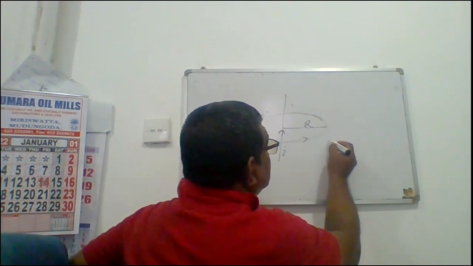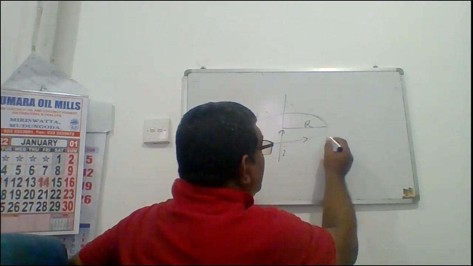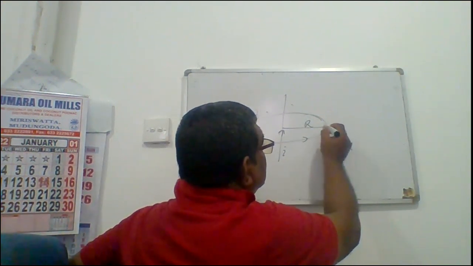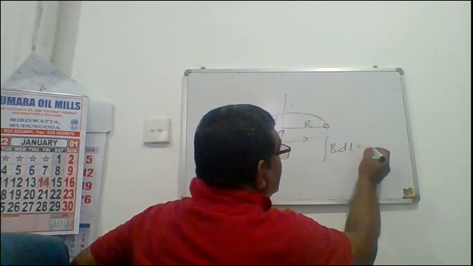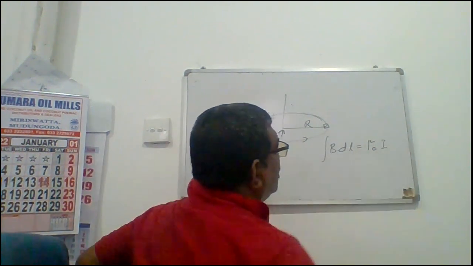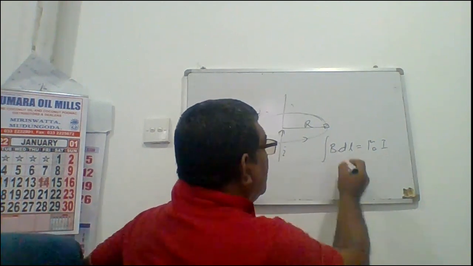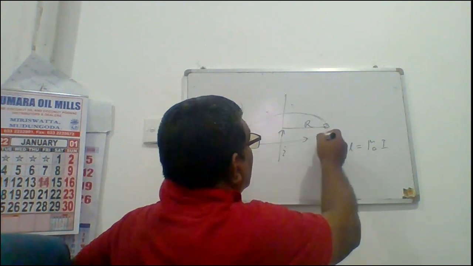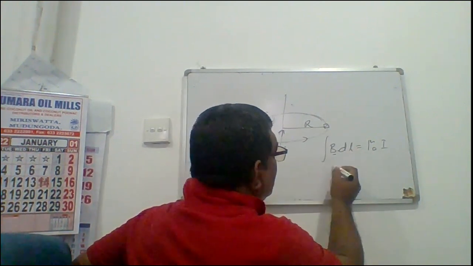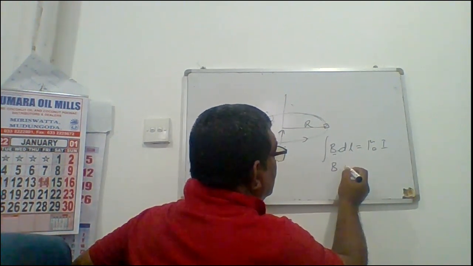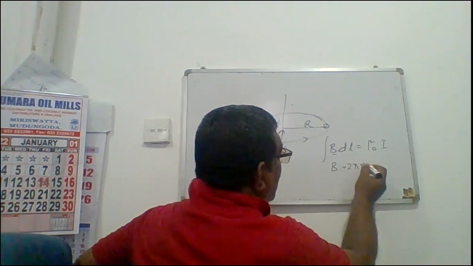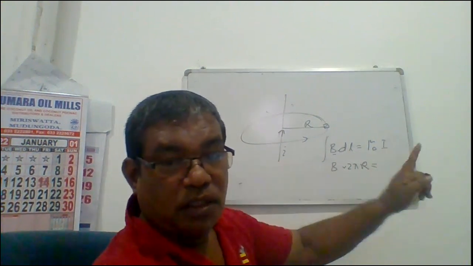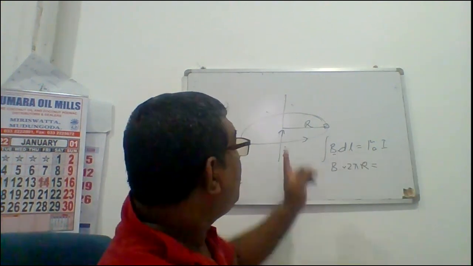Here I can write B dot dl is equal to mu naught I, where B is the magnetic field due to this current carrying conductor. The integral of dl is equal to 2 pi r, the total distance of the circular path of the magnetic field.